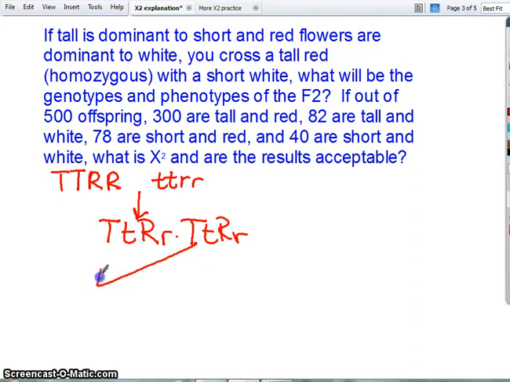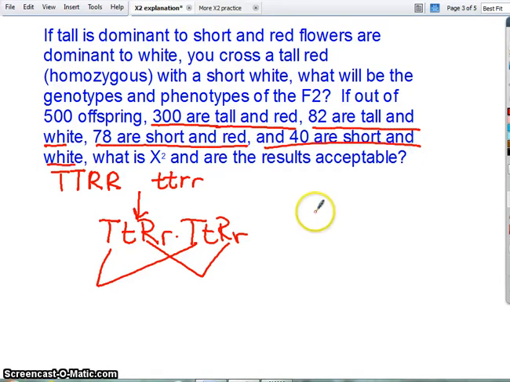Before we do that, remember the easiest way is to use the product rule and separate the two. Let's go ahead and make our chart. If we look at the results, it says that we have a certain number of tall and red, tall and white, short and red, and short and white. So these are the four phenotypes that we're looking for: tall red, tall white, short red, short white.